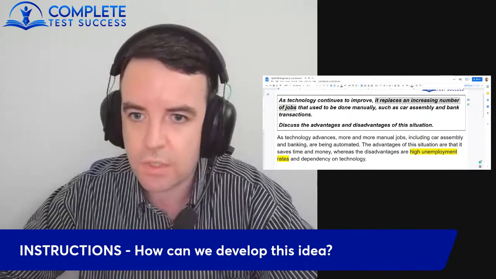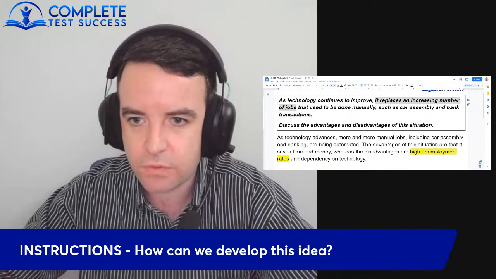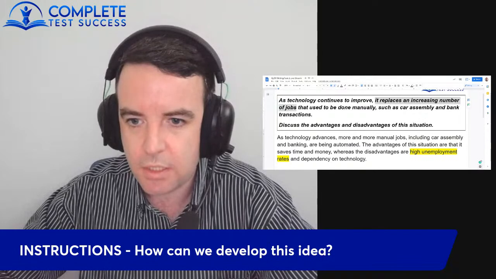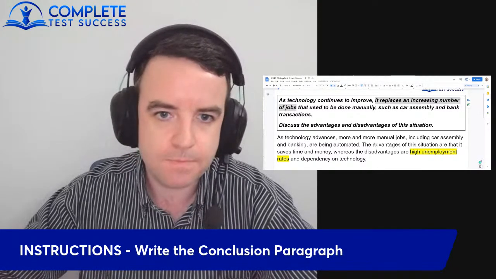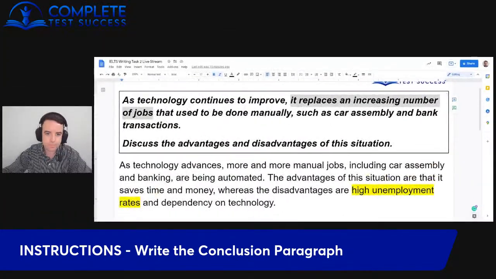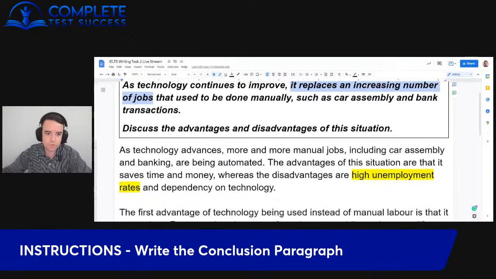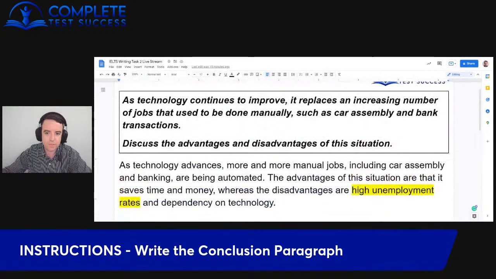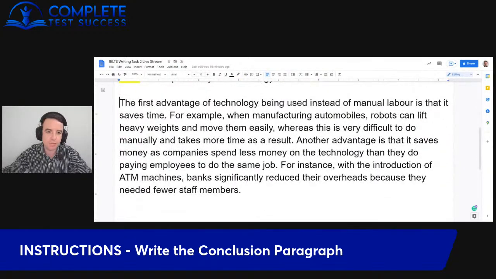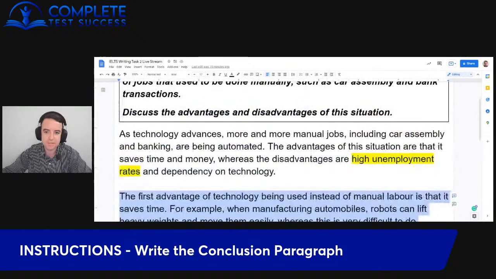Okay, my last task for you today is to write the conclusion. We've written the introduction, we've written the first body paragraph, and we discussed how to develop the first half of it. Obviously, you develop the second body paragraph in the same way as the first.